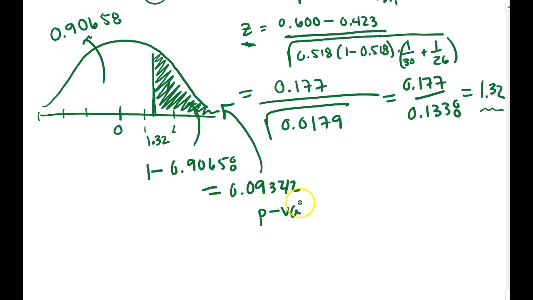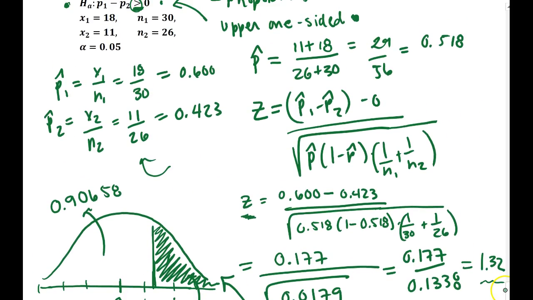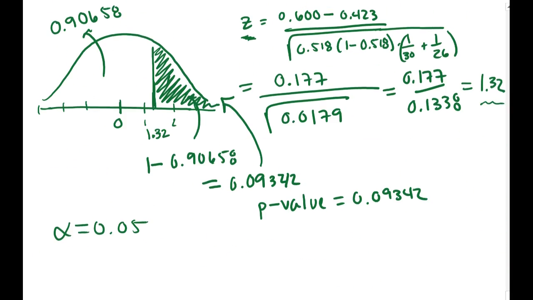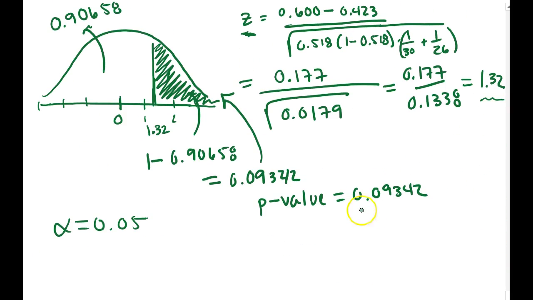Our one-sided p-value is equal to 0.09342. Now, if we compare this to our significance level, let me make sure that's right. Yep, significance level alpha was equal to 0.05. If we compare our p-value to that, we know that this is larger.